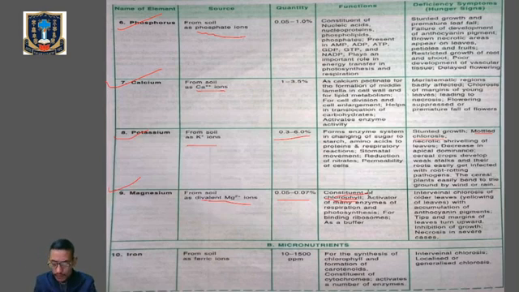Now, what are the symptoms of magnesium deficiency in a plant? There will be intervenal chlorosis. So what do you mean by intervenal chlorosis? Write it down. It means when the veins are green, okay, very carefully, when the veins are green and the area between the veins is yellow.